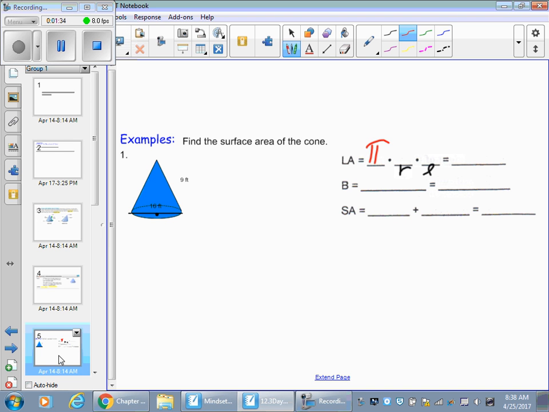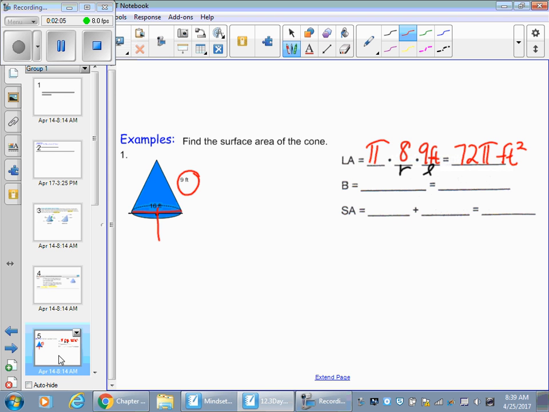Well, the diameter is 16 feet. The radius is going to be half of that, so that's 8. The slant height is right here, it's 9 feet. When we type all that out in our calculator, I'm going to leave it in terms of pi right now, just because it's easier to figure out the exact number at the end.